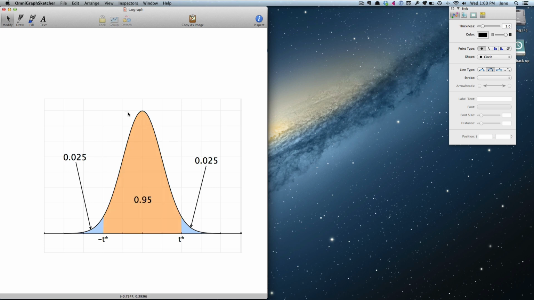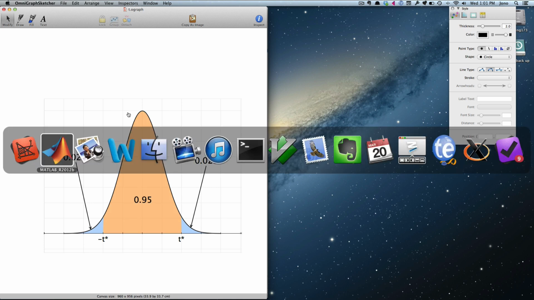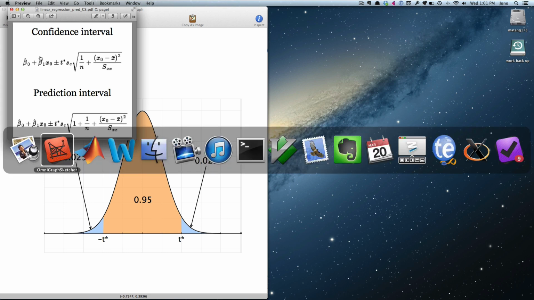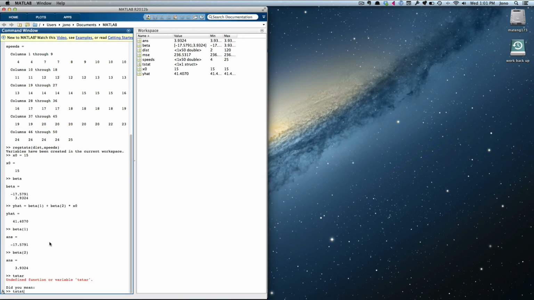So the question is, which t distribution do I use? Well, altogether you have n observations to do this, and then to do this estimate I have to estimate two things, beta 0 hat and beta 1. So my degrees of freedom now is n minus 2. So before I get my t star, let's go n. What does n equal?